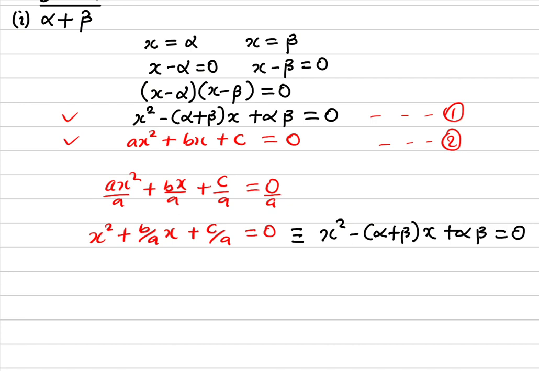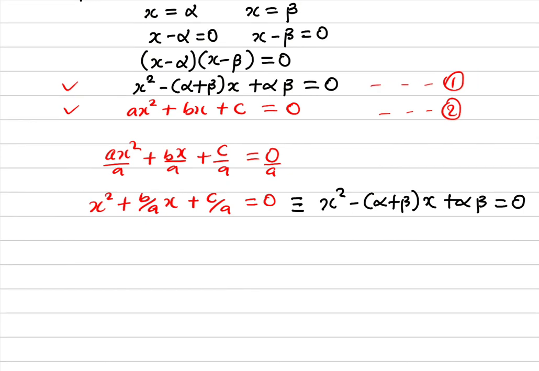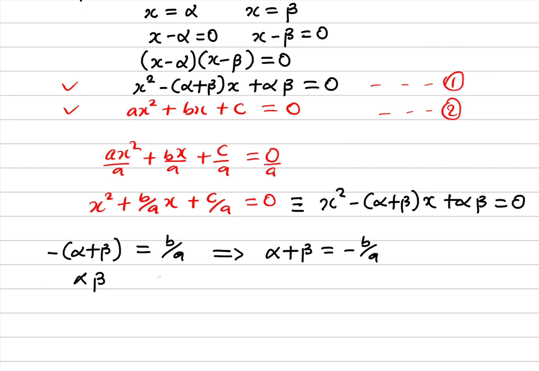Now, by comparing coefficients or terms, you will agree with me that minus (alpha plus beta), the coefficient of x, must be equal to b over a. Hence, we can say that alpha plus beta is equal to minus b over a. Then alpha beta is easy to pick, it is equal to c over a.